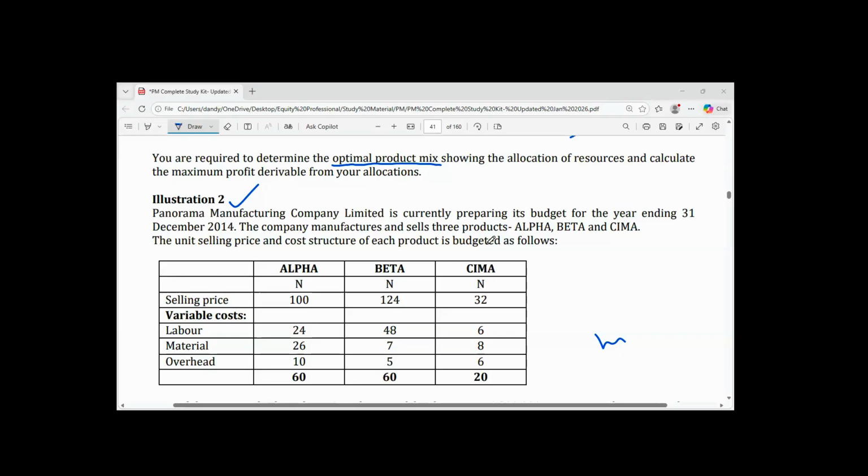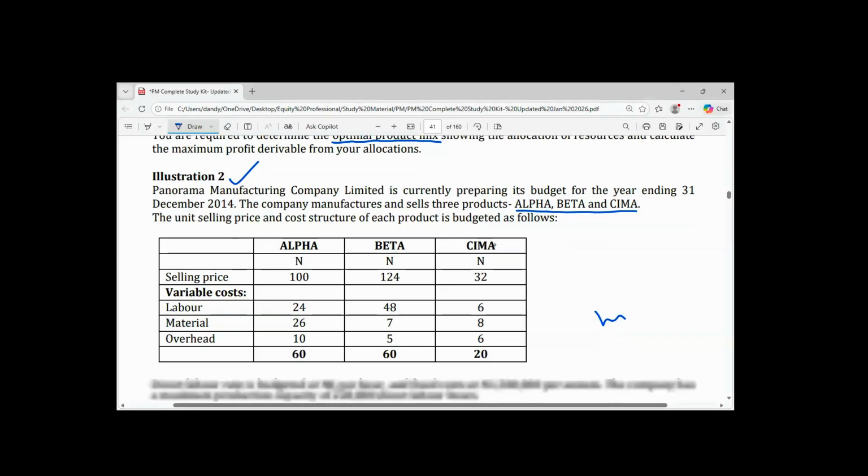Panorama Manufacturing Company Limited is currently preparing its budget for the year ending 31 December 2014. The company manufactures and sells 3 products: Alpha, Beta, and Sigma. The unit selling price and cost structure of each product is budgeted as follows in the schedule.